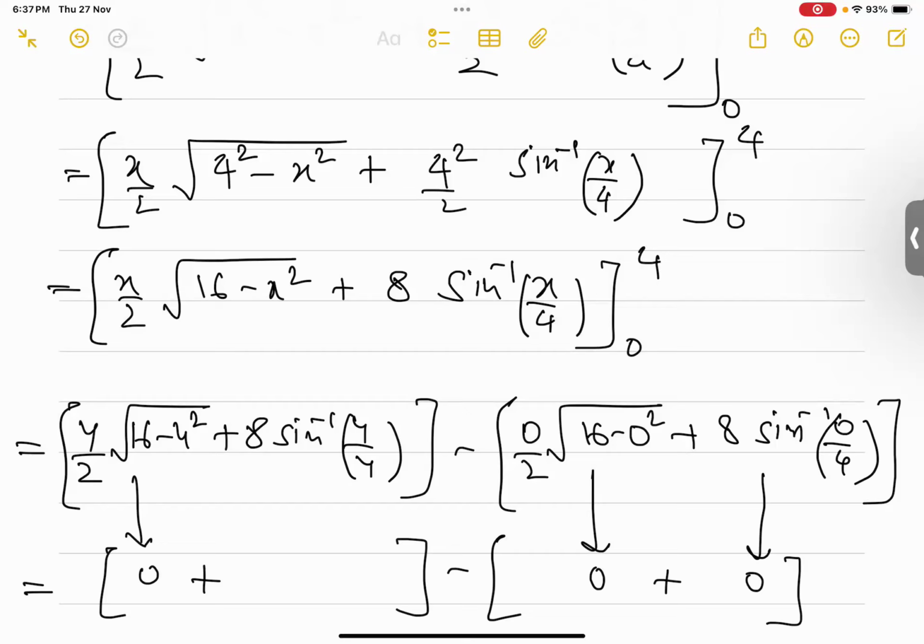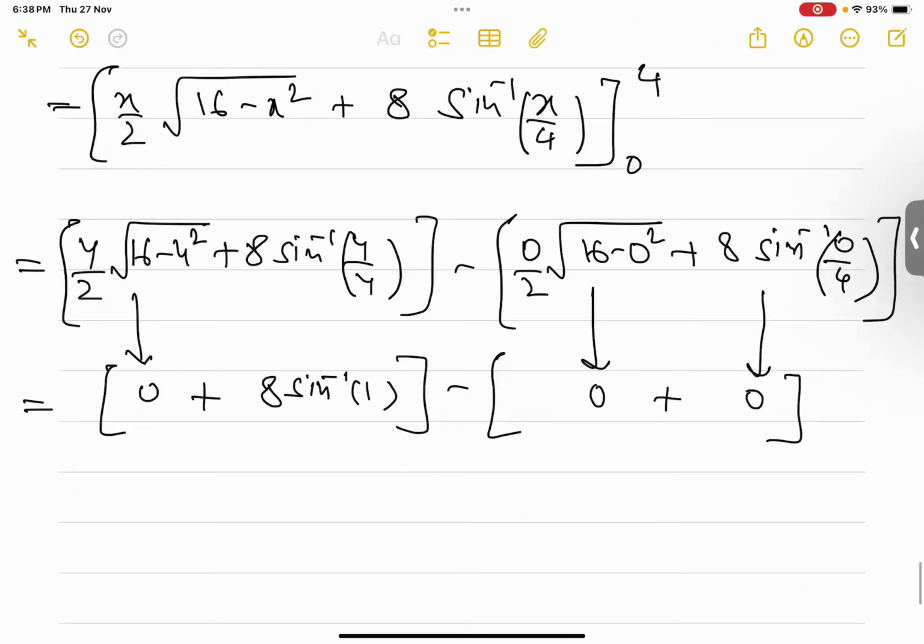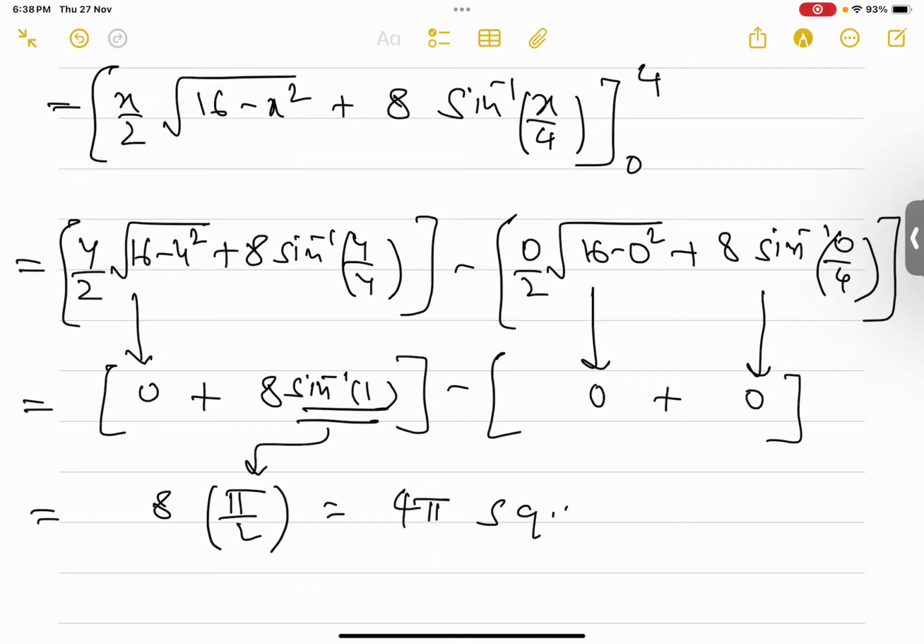Since you don't have trigonometry, I will not go into the details. First, third, and fourth are 0. Mark the same arrows. It will always be the same. And this is sine inverse 1. The second thing you need to remember is sine inverse 1 is pi by 2. You have to mug up.